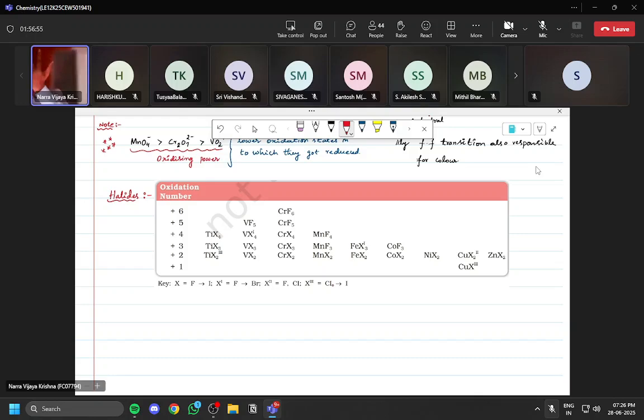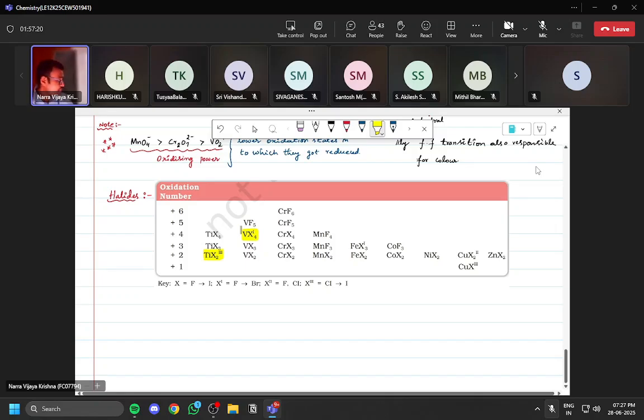Of course, to some extent, fluorine also, right? So they exist only in higher oxidation state. That's why fluorides are not possible at lower oxidation states for titanium. Clear? Now observe here symbol 1, X1. Here X1. I am underlining this. This one. This one.